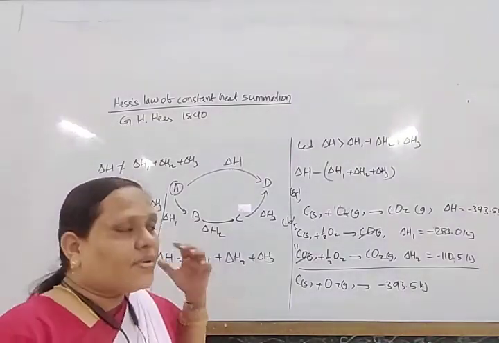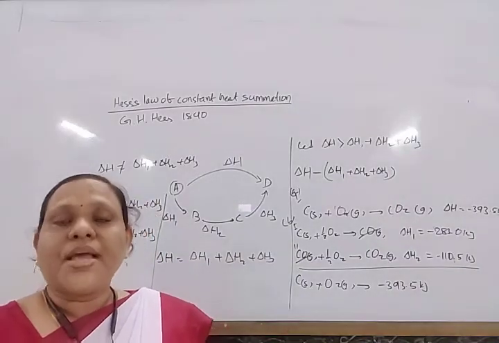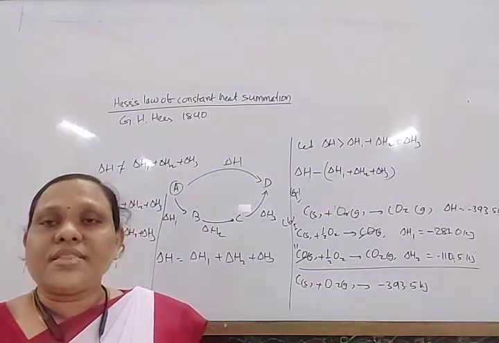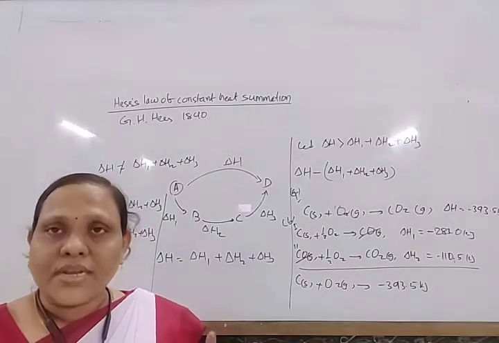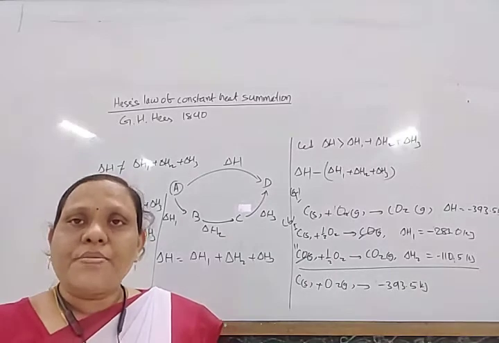It is helpful to add and subtract different thermochemical equations, and to determine the enthalpy of hydration, the enthalpy of transition, and the enthalpy of formation of different compounds which cannot be synthesized directly in the laboratory from their elements.